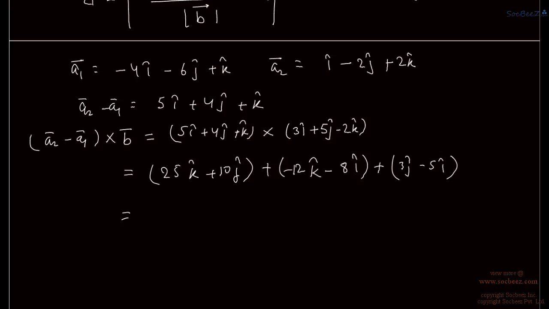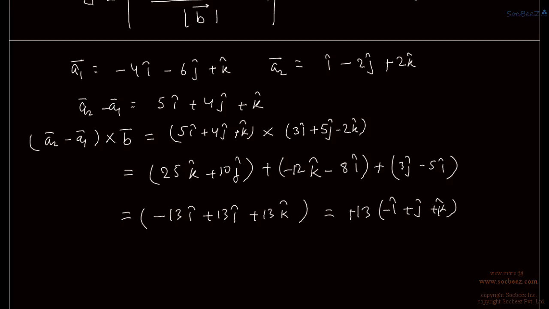So the resultant is i: minus 13i, j: minus 10j plus 3j, that is minus 7j, and k: 25k minus 12k, that is 13k. Right? So we have a vector minus 13i plus 13j plus 13k as A2 minus A1 cross B.